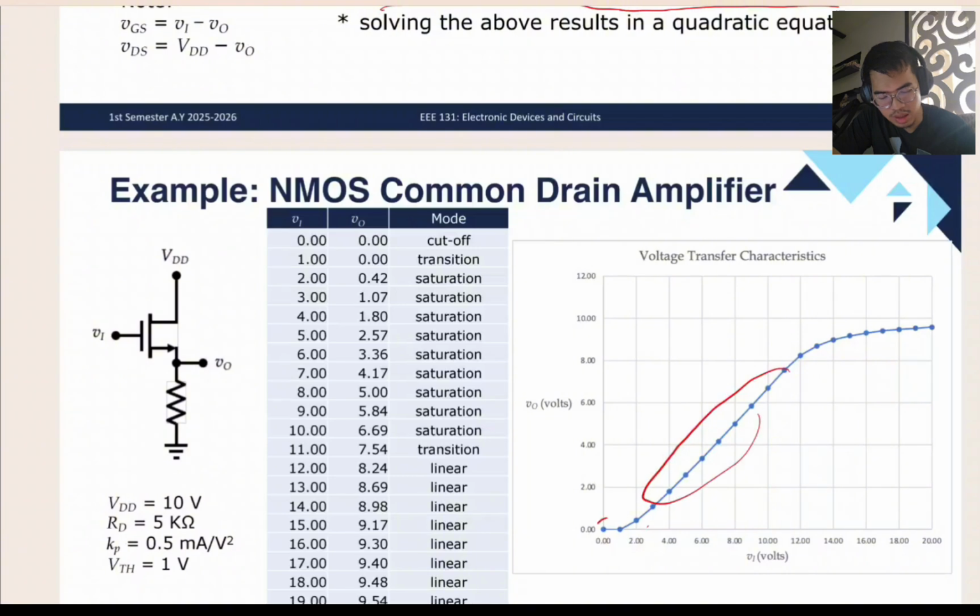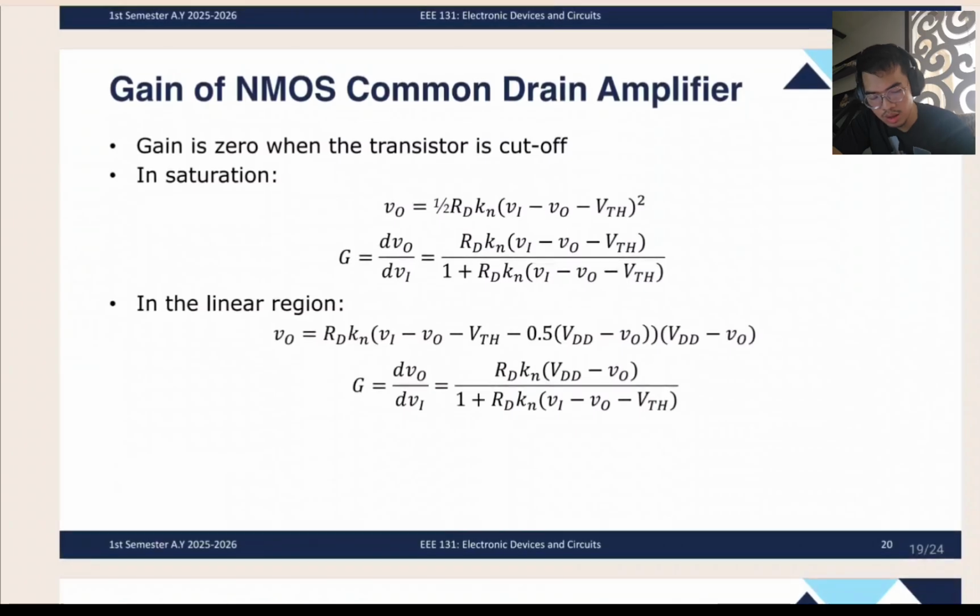This part is the saturation part, this is the cutoff, and this is the part wherein it was linear. If we take the derivative of that, this is the expression we are going to get, for the saturation region and for the linear region. So let's take a look: why is this somehow equal to 1?